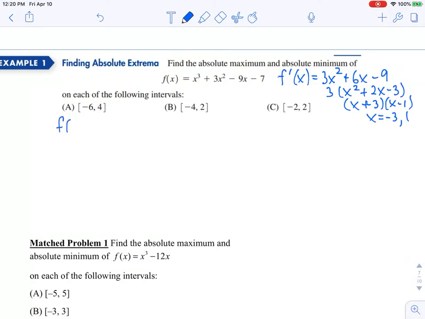Then we look at our two endpoints. We find the values of the original function at the two endpoints, and at our critical values if they lie within the interval. -3 and 1 both lie within the interval -6, 4. You just find the values of those by substituting them into the original function.